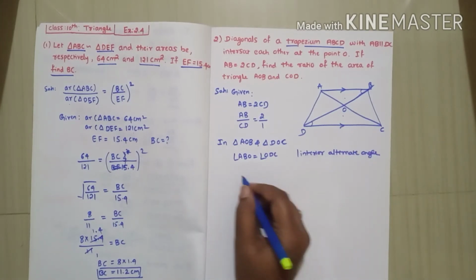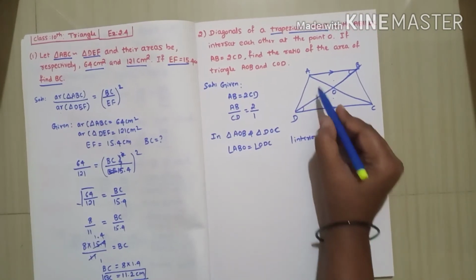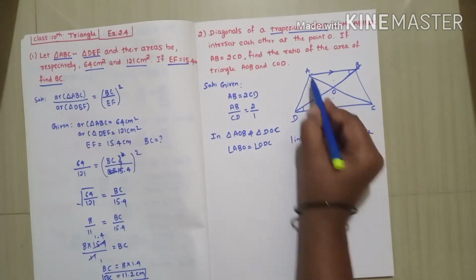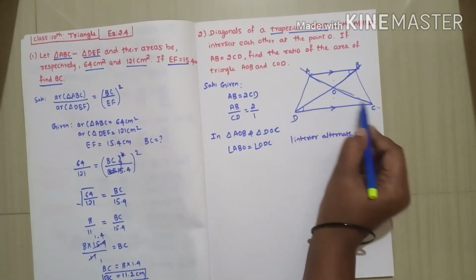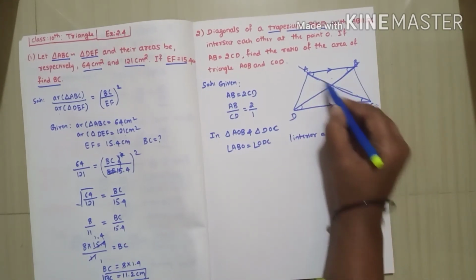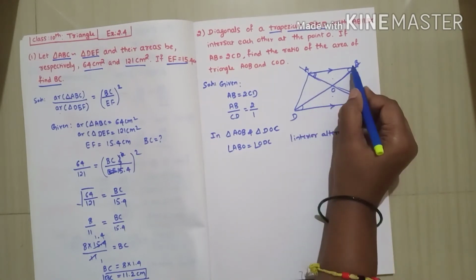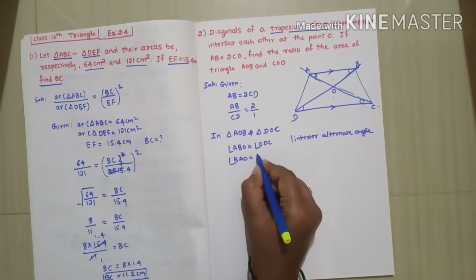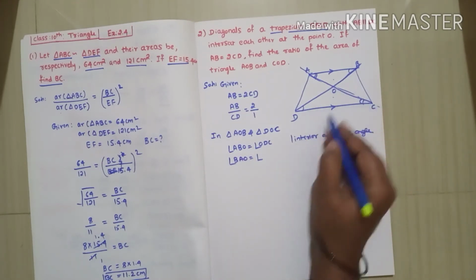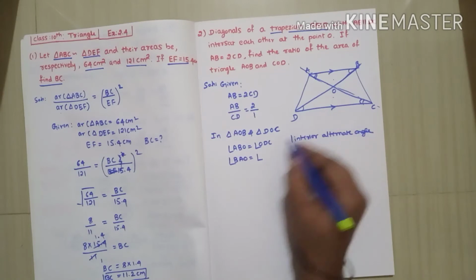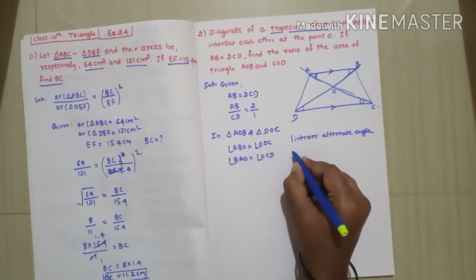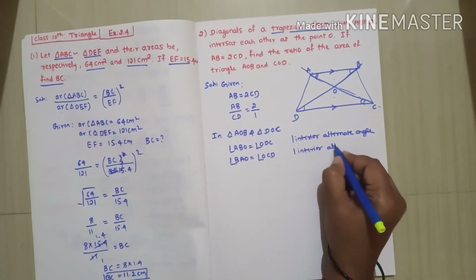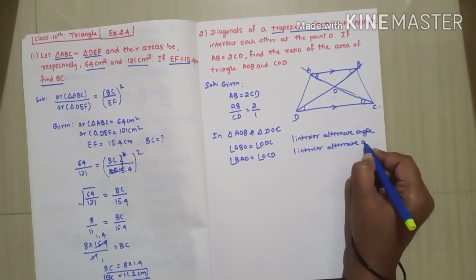You know that. Next, the same two parallel lines only you have to consider. AB is parallel to DC and this transversal you have to consider now. If you consider like that, these two angles are equal. So angle BAO is equal to angle OCD. This is also the same reason, interior alternate angles.